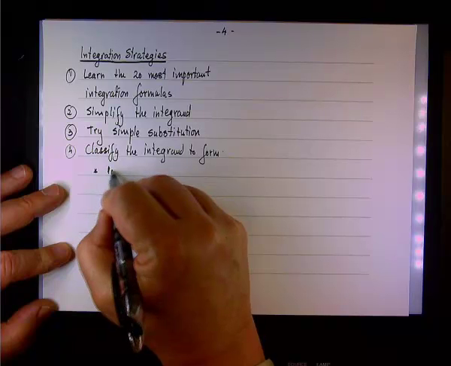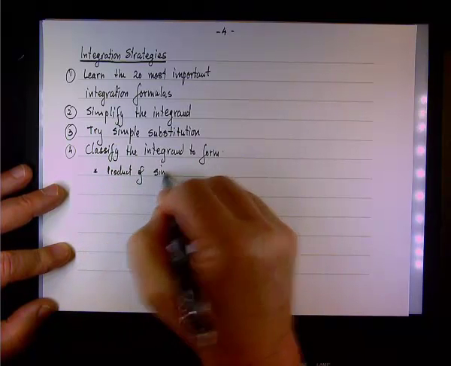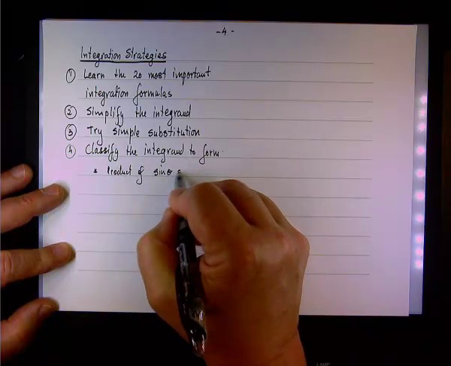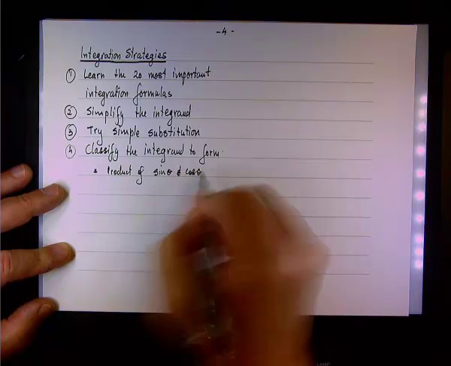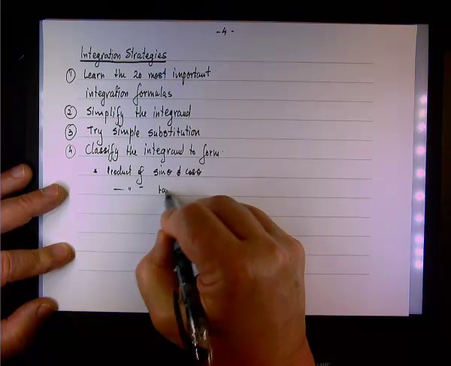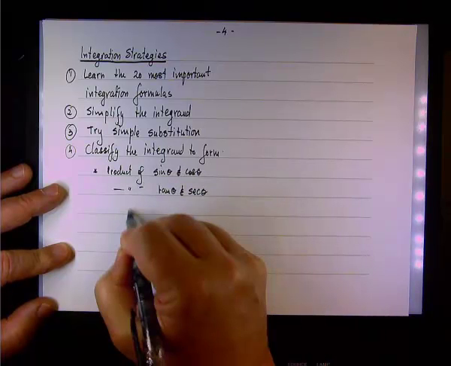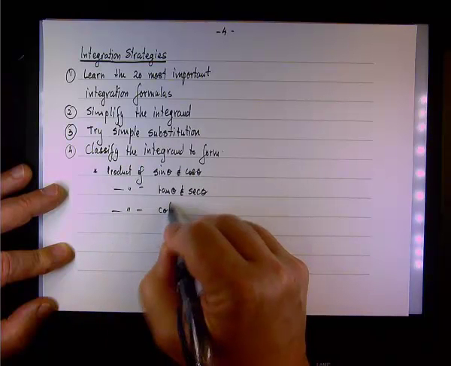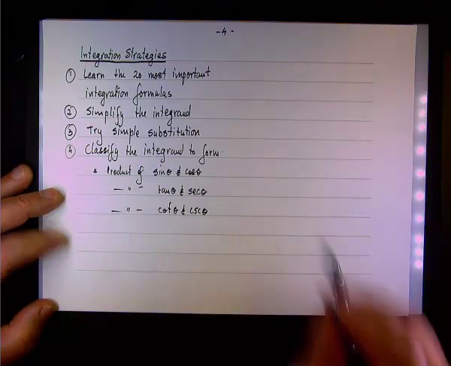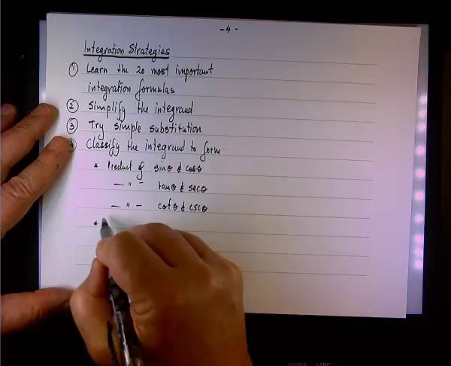The forms: we can look at products of sine and cosine, as well as tangent and cotangent, tangent and secant, and cotangent and cosecant. Okay.